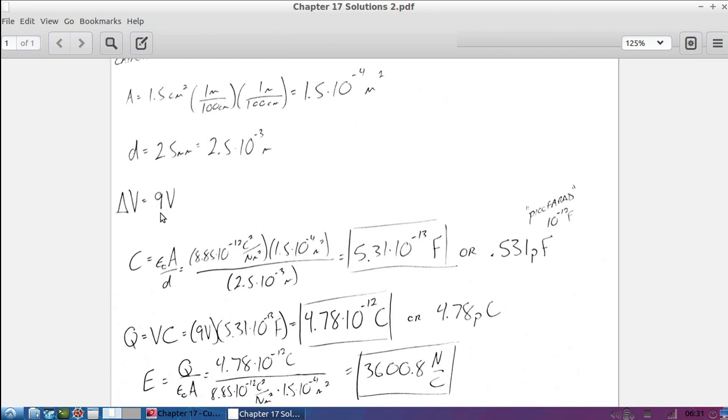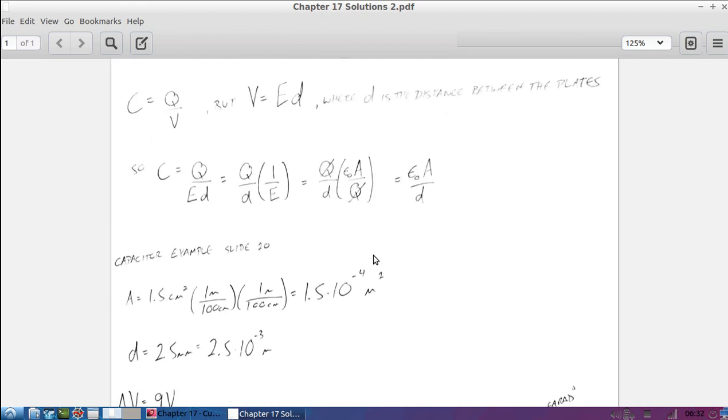The first part is asking for the capacitance, the charge on the capacitor, and then the electric field inside the capacitor. This is kind of like a plug and chug, but it relies on us finding out what the capacitance is to find out the charge, and then using the charge to find the electric field.